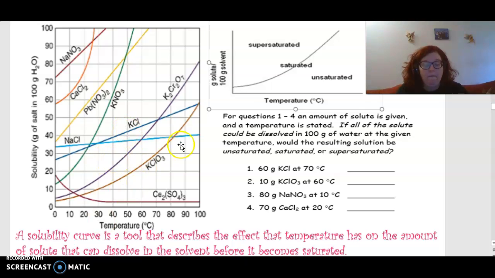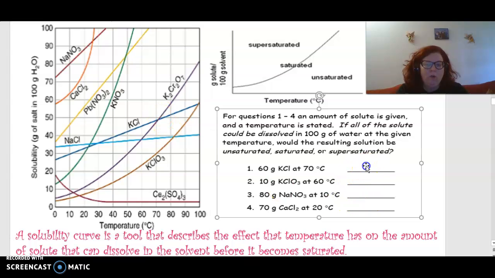We're looking at KCl, which is this blue one in the middle. It says 60 grams of KCl at... it's giving us the y-axis first, x-axis second, and it wants to know what its state is.